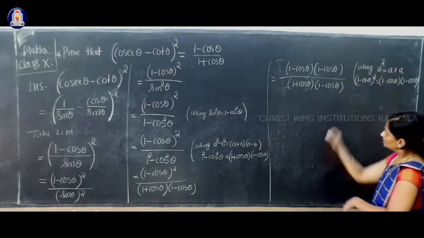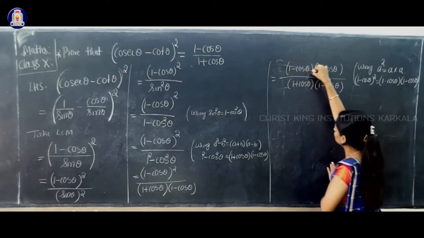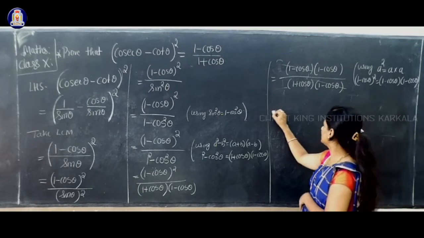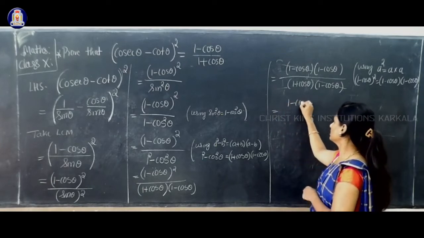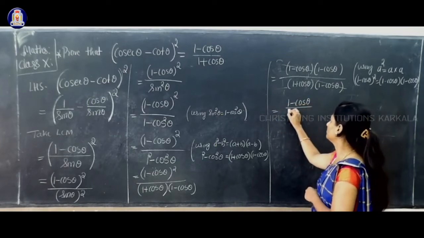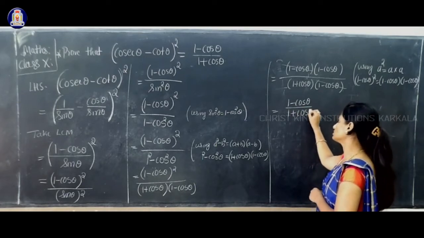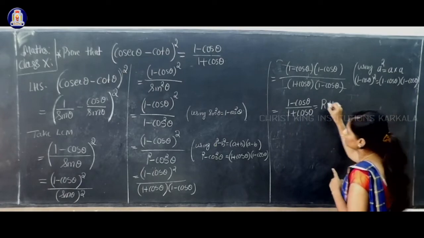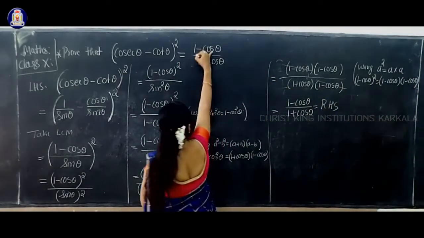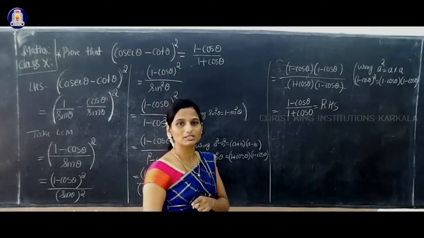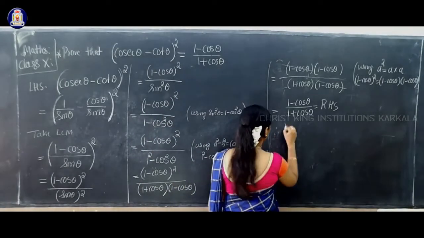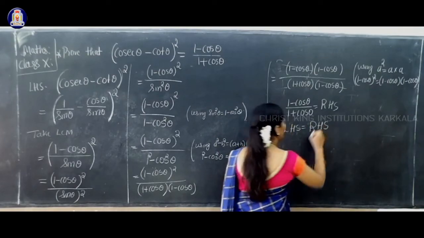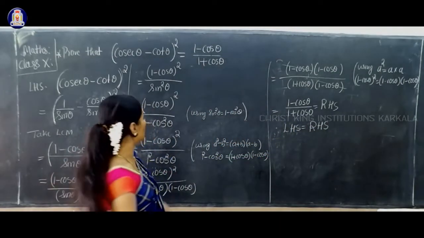Now numerator 1 minus cos theta and denominator 1 minus cos theta cancel. What is left in numerator? 1 minus cos theta divided by 1 plus cos theta, which is equal to the RHS side. See, RHS side is 1 minus cos theta divided by 1 plus cos theta. Therefore LHS side is equal to RHS side.